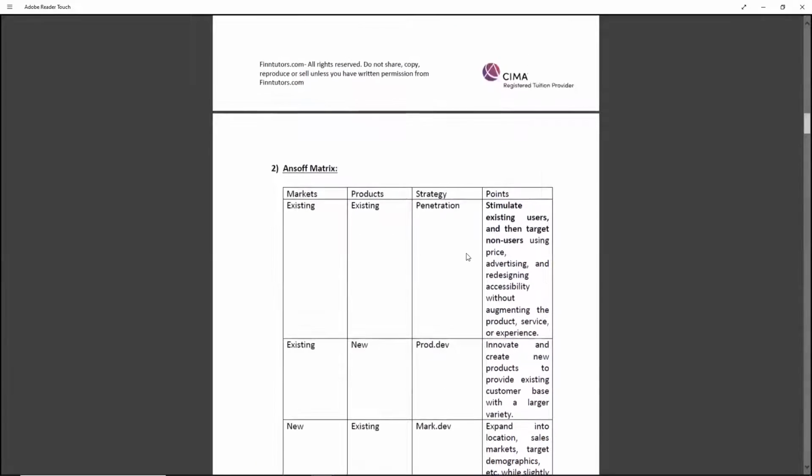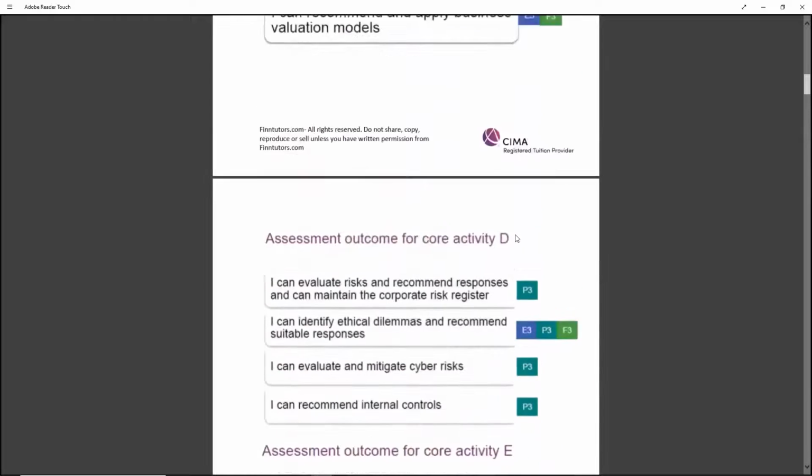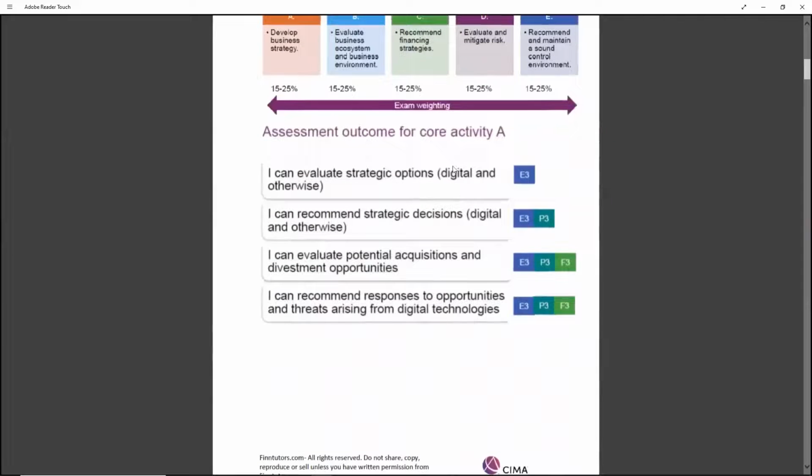So to make your study easy, to make your revision easy, these I CAN statement explanations have been prepared by us so that you focus on the core areas, and when an exam question asks you, you can quickly relate, you can quickly pick up what is important.